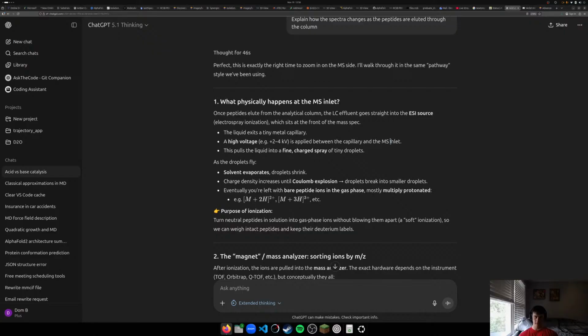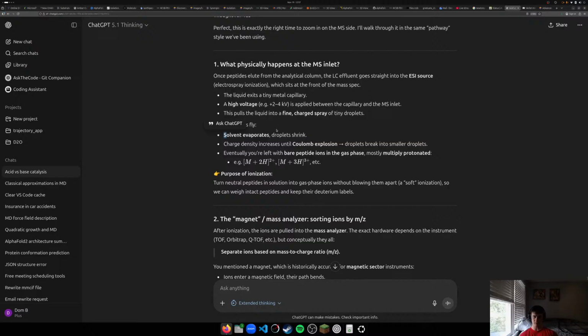Perfect. Exactly at time to zoom in on pathway style. What physically happens in an ESI inlet? Once peptides leave the analytical column, the LC effluent goes straight through the ESI source, which sits at the front of the mass spec. Liquid exits a tiny metal capillary. A high voltage is applied between the capillary and the MS inlet. This pulls the liquid into a fine charged spray of tiny droplets.